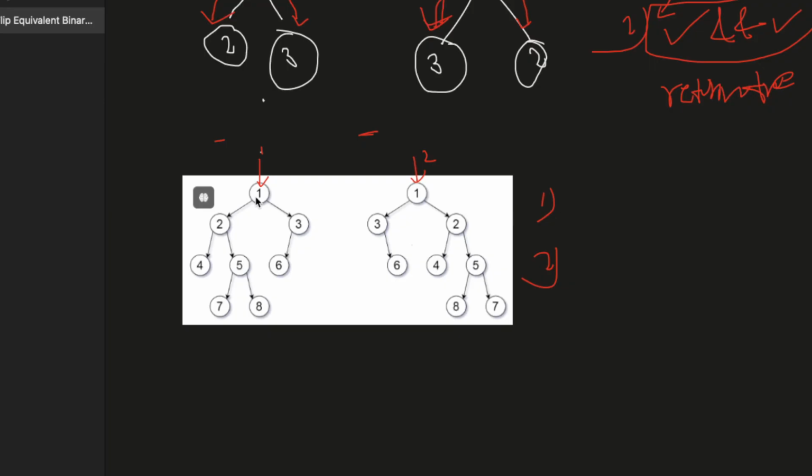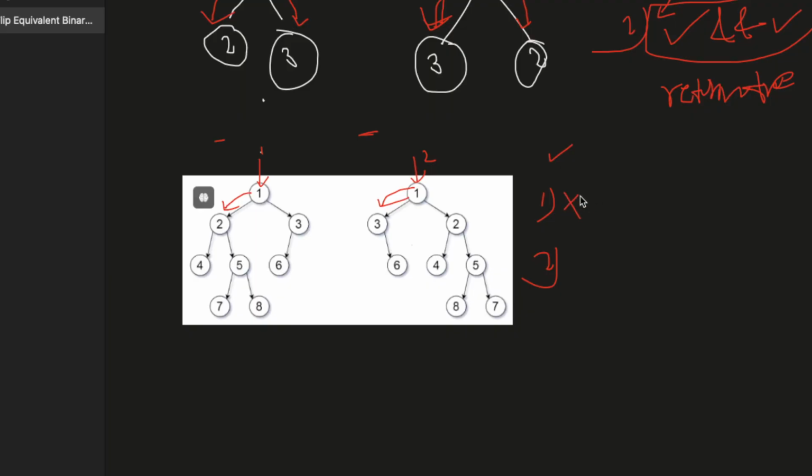Before these two conditions, I'll check whether this node's value is equal to this node's value or not. Since 1 is equal to 1, this is true. And then I'm checking the first condition, which is going to the left on both the trees. If I go to the left, it is 2, and on the other it is 3. So this is not equal.